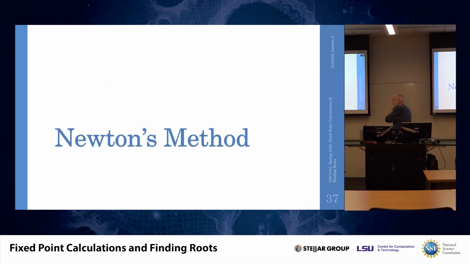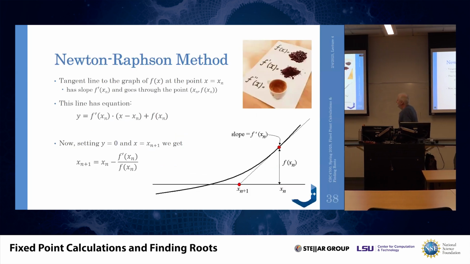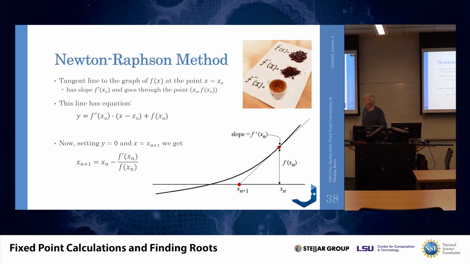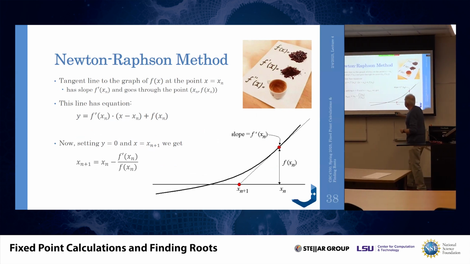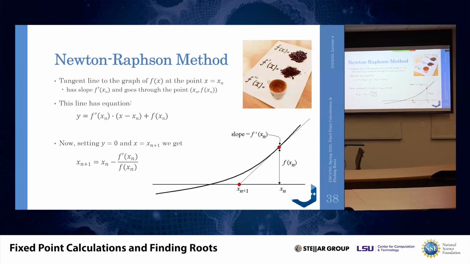Okay, let's talk about the Newton-Raphson method. You have heard about that. The Newton-Raphson method is another method that allows us to find the root of a function. The way that method works is that you start off with some approximation of the result, which is x_n.